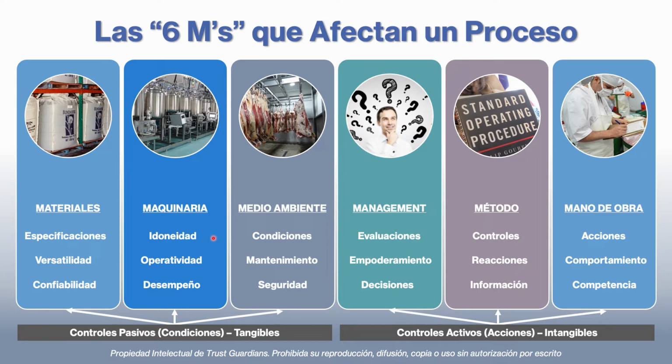With the equipment, we have that this needs to be right for the use. It has to be something that we can use properly to process the product, to obtain the product we are going to process, to pack. It has to be an equipment that has good functionality, that is operative. It's not only good for the product, it's not to avoid any contamination, it's something that works properly, that has a right function.